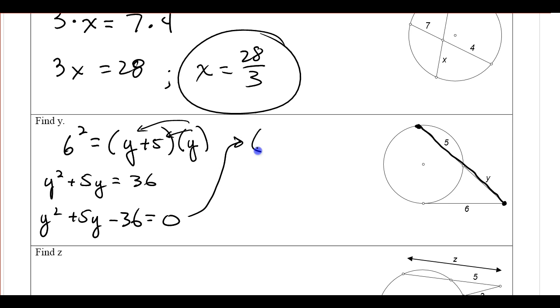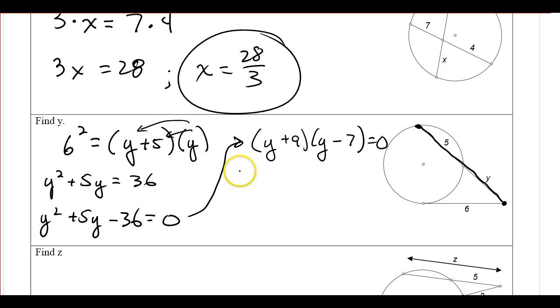Solve this however you like. I'm going to factor it. 2 factors of 36 that when I add them I get 5. So that's going to be y plus 9 times y minus 7 is equal to 0.